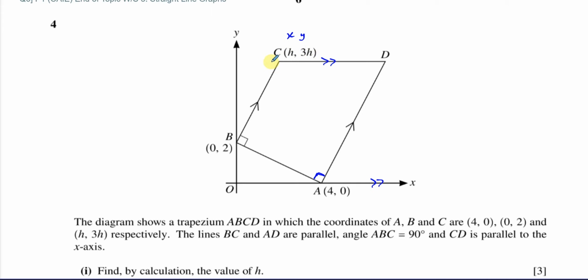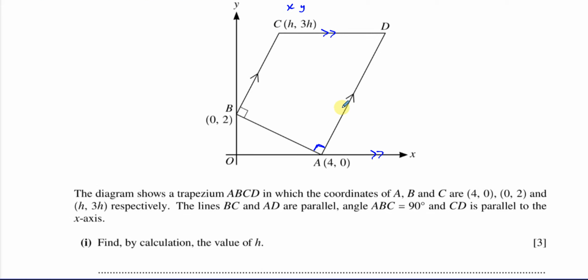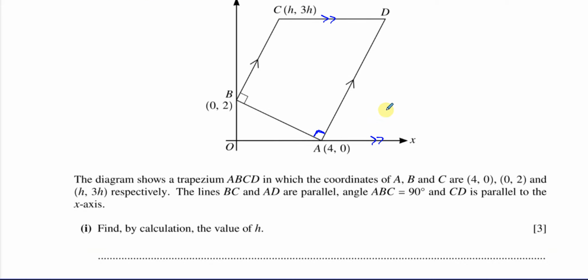That should leave us with just one unknown, which is h. So the key to answering the first question is to find the equation of line BC. I'm going to call it line 1.